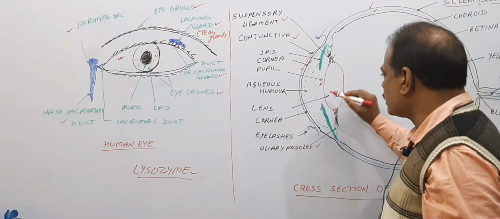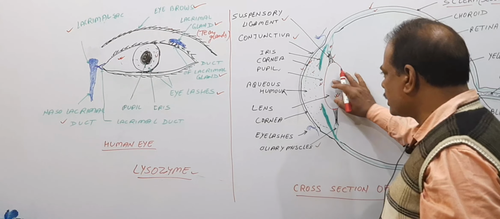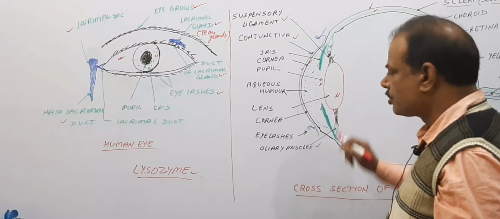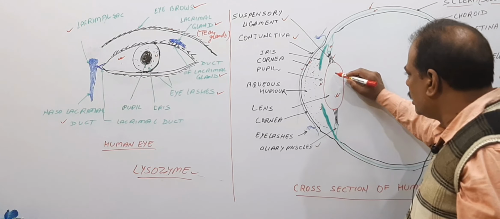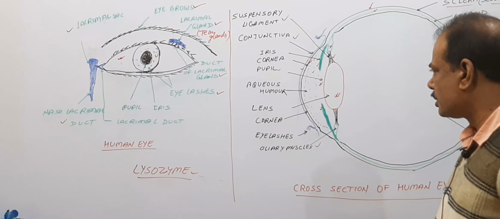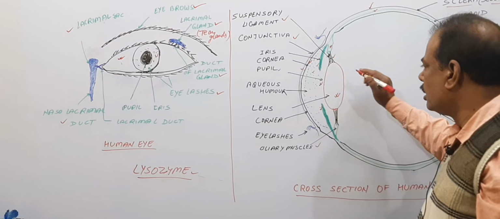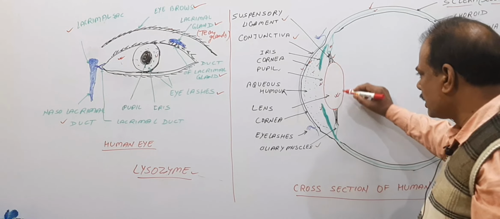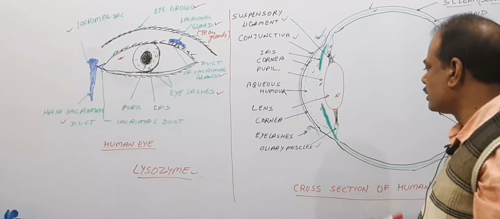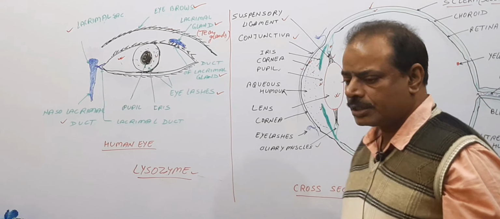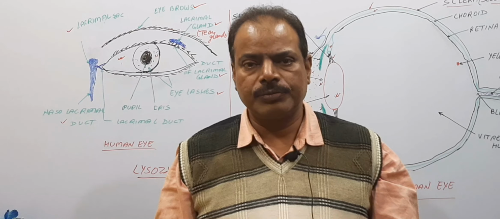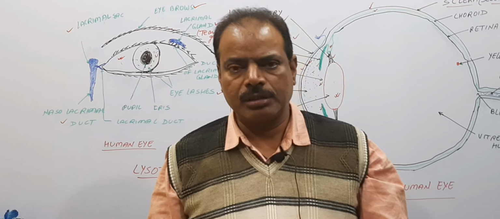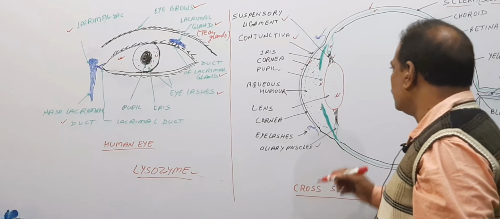So the nucleus is not present in the cells of the lens, that's why it cannot divide. The lens is biconvex in nature, meaning it is a convex lens, and this convex lens is elastic in nature so that it can be more convex as well as less convex.